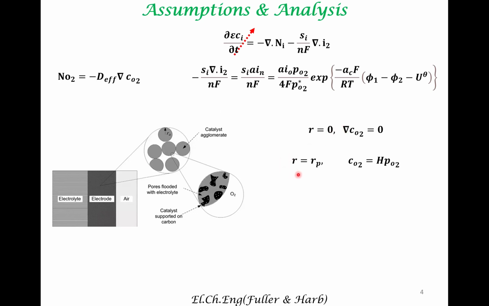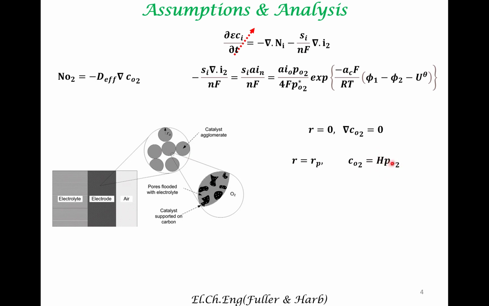And then at the surface of the particle, which is indicated as r equal to R of the particle, we relate the concentration of oxygen dissolved inside the particle via a Henry's law form of expression. So this is the Henry's law constant.